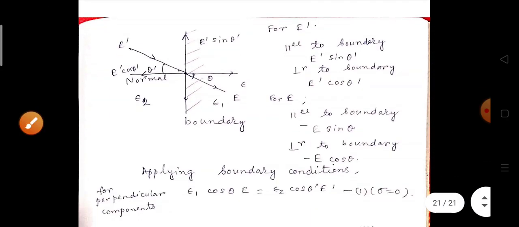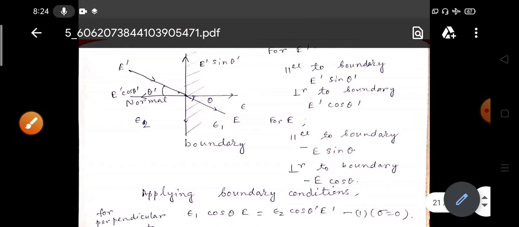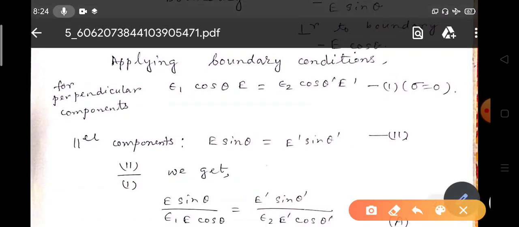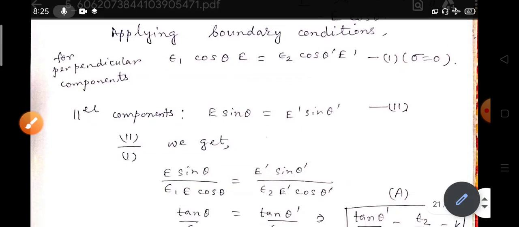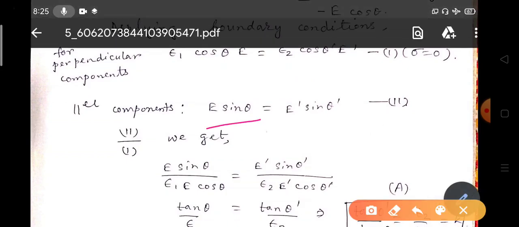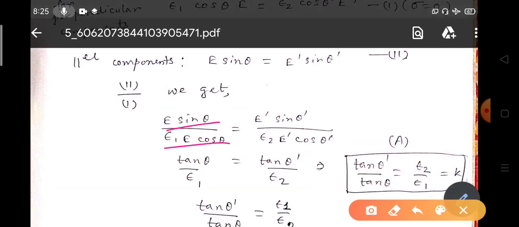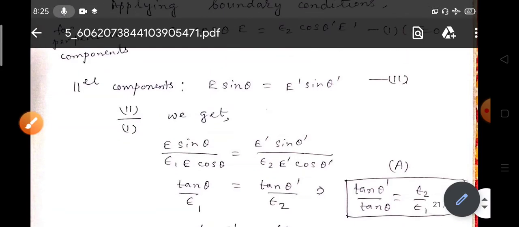Now applying boundary conditions, we get epsilon 1 E cos theta equals epsilon 2 E prime cos theta prime, because this is a dielectric interface, so sigma will be 0. And the parallel components of the electric field give E sin theta equals E prime sin theta prime. Divide these two equations, and we get E sin theta by epsilon 1 E cos theta equals E prime sin theta prime by epsilon 2 E prime cos theta prime.